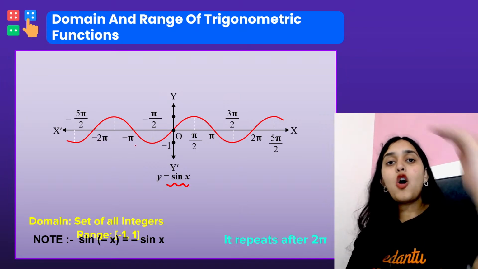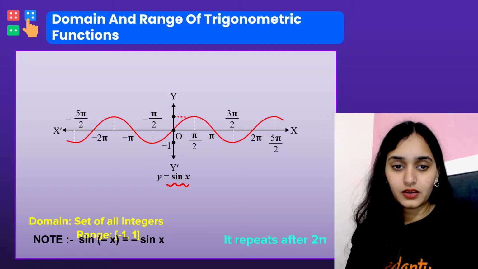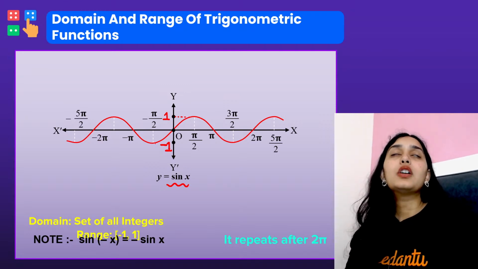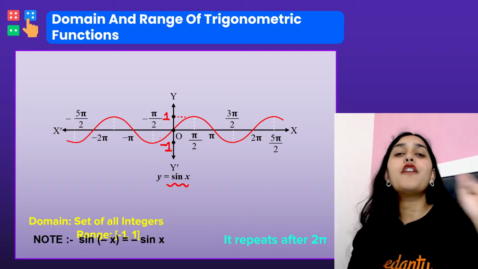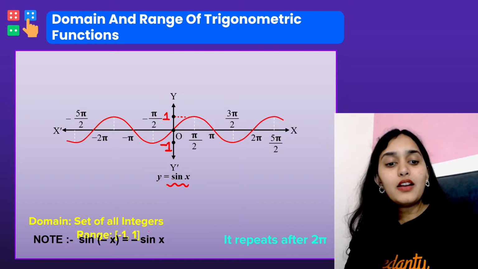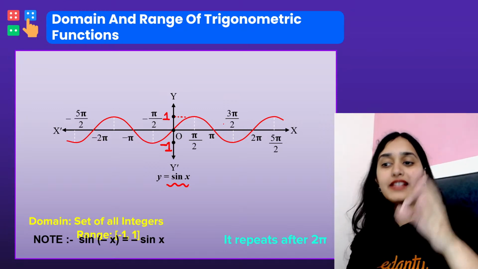It basically oscillates between 1 and -1. So, the graph of sine clearly shows that all the real numbers are in the domain of the sine function.